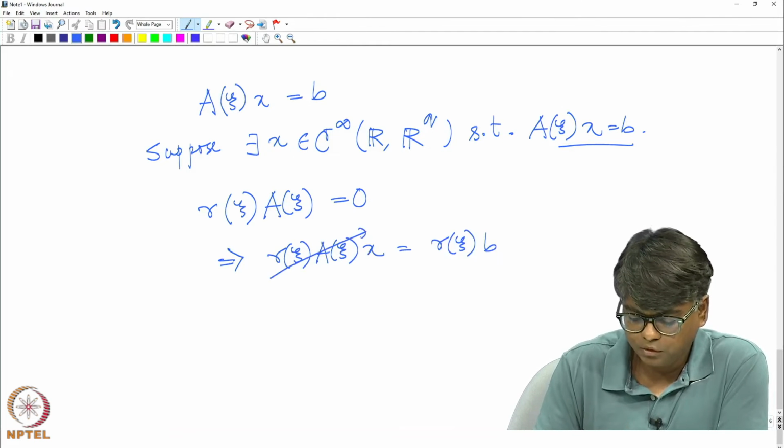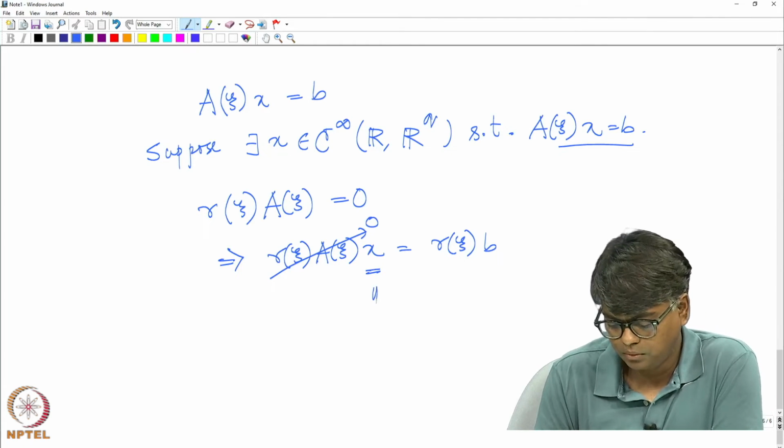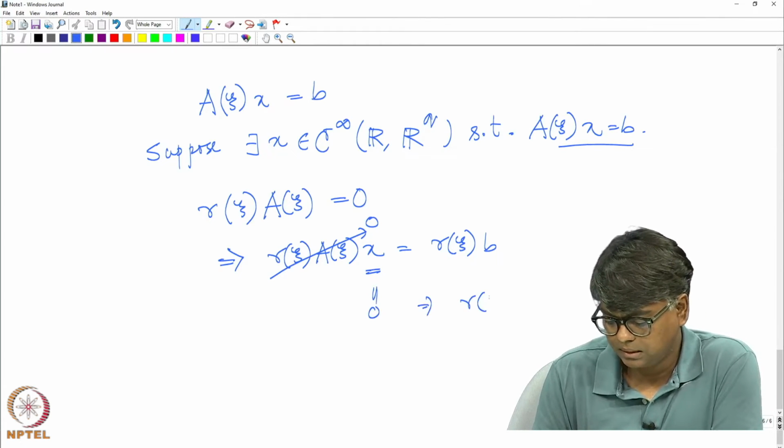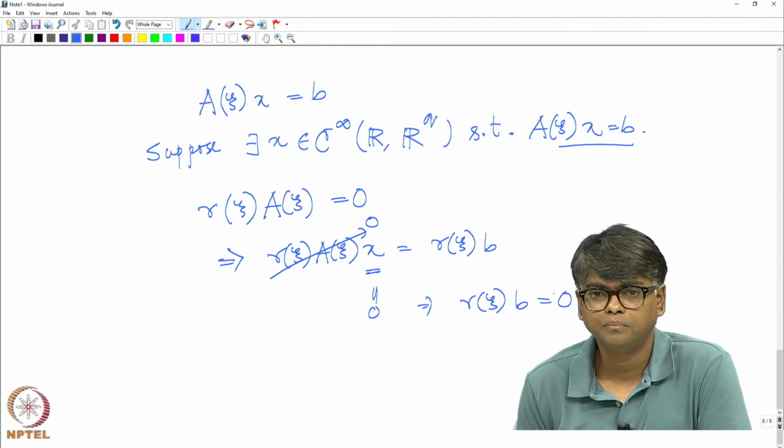But this part is 0, so it is the 0 operator acting on a trajectory. Of course, it should produce 0, which then says that r xi acting on the trajectory b must also be 0.